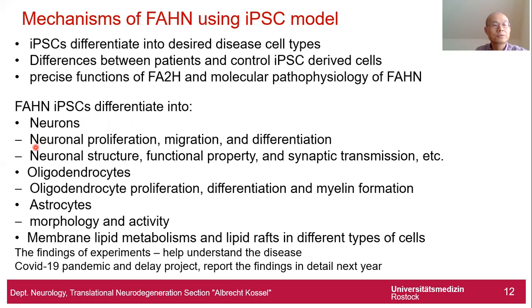And we focus on neuronal proliferation, migration and differentiation, and also neuronal structure, for example the axons and synapses, and also some other structures. Also the functional properties and the synaptic transmission.